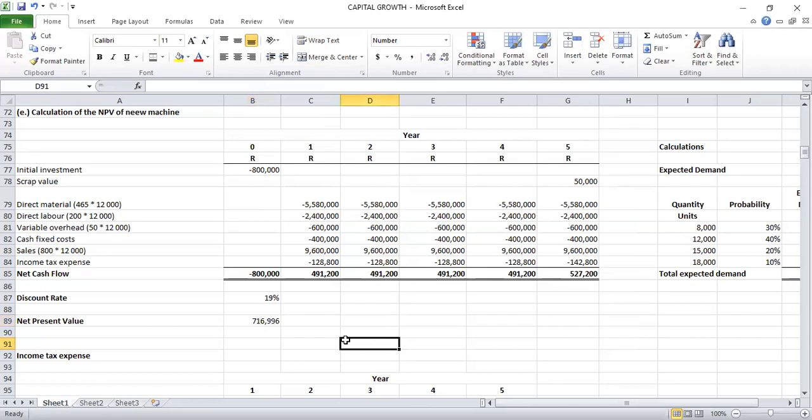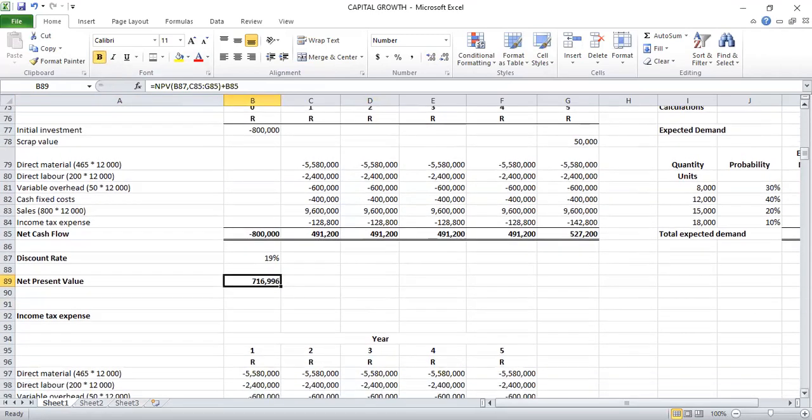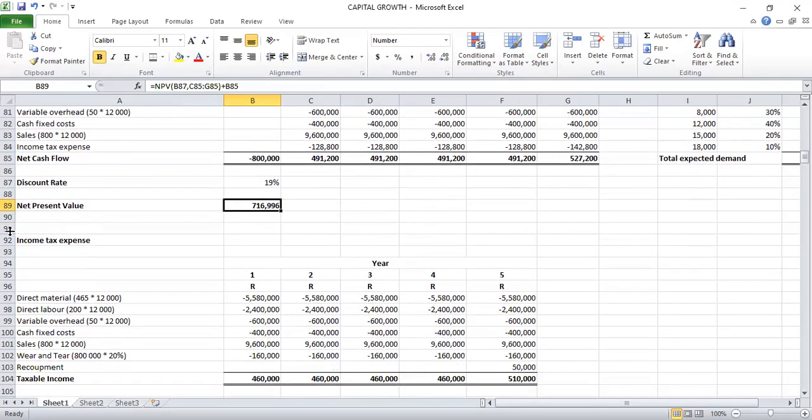So that will be our answer. So this is our net present value.